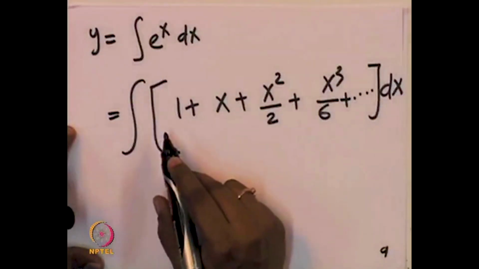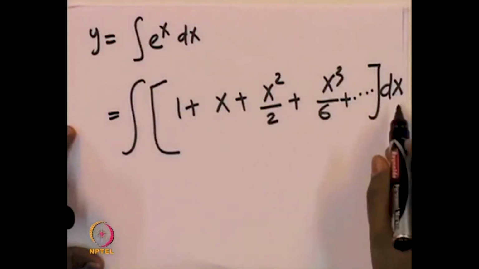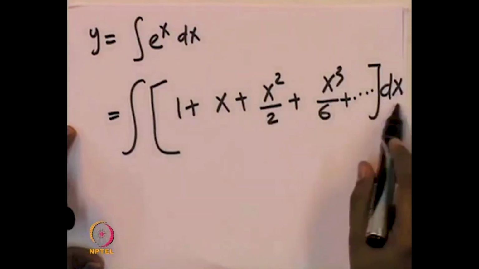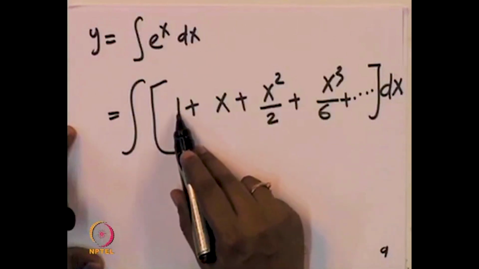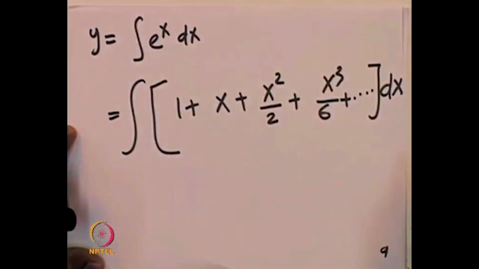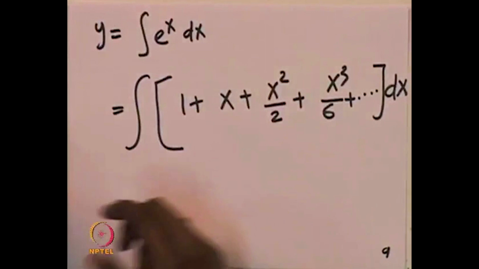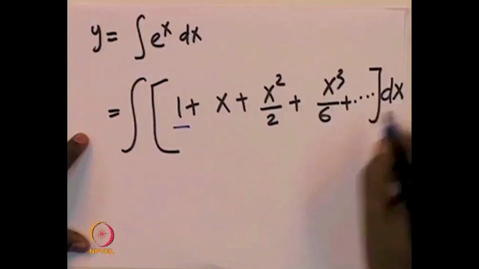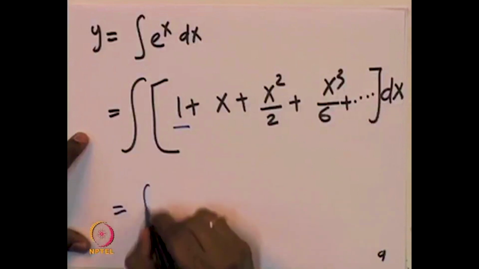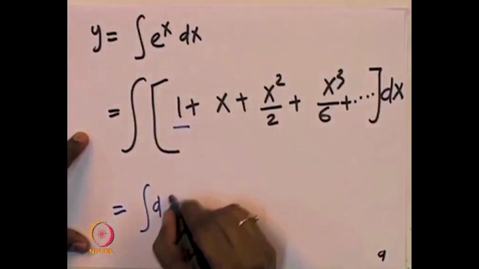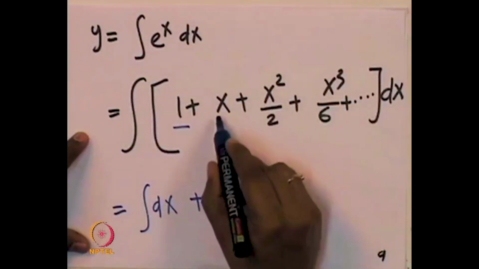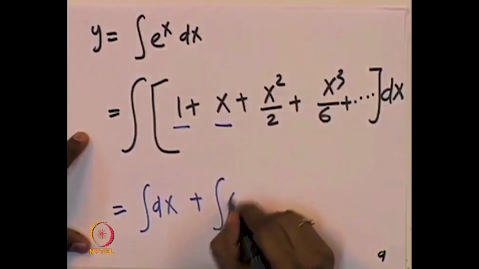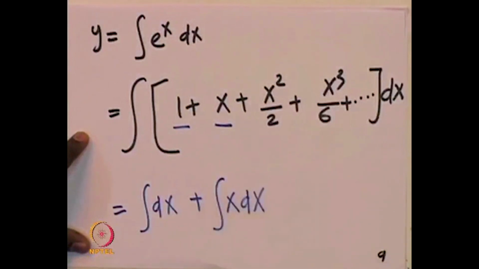As we did for differentiation, each of these terms you can separately integrate, and then sum them. The first term is integral of 1 into dx, which is dx, plus the second term, integral x dx.